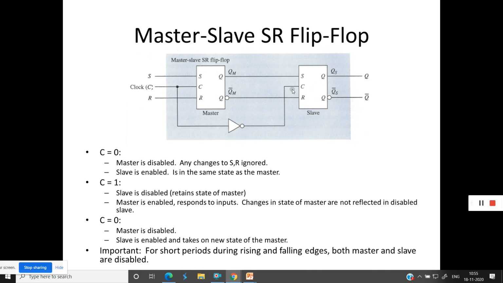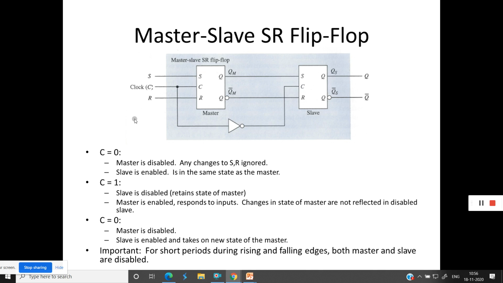This 1 will be applied as a clock to the slave. So the slave becomes enabled. When the clock is 0, the master is disabled and any changes on S and R are ignored. The slave is enabled and it will retain the same state as the master had earlier.